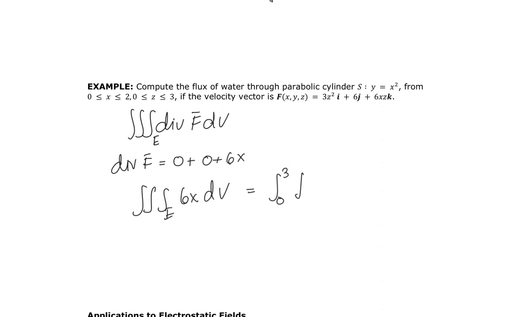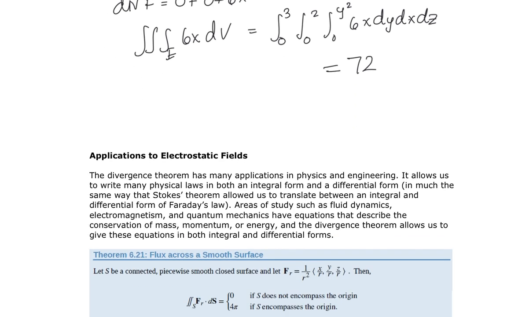So x is going to go from 0 to 2. The integral of 6x dy dx dz. And when I get totally done, my answer is 72. Not quite as good as 42, but 72 isn't too bad.